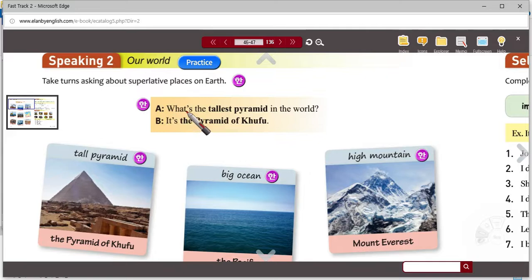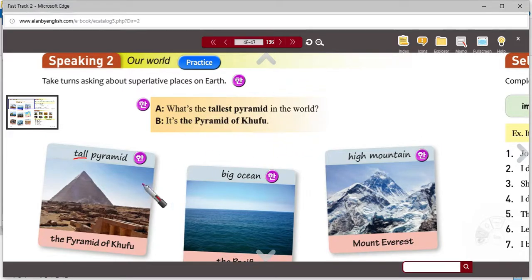The person asks, what's the tallest pyramid in the world? That must be student A asking this question here. We have a picture of a pyramid, and we're not just talking about pyramids, we're talking about tall pyramids. So there are many tall pyramids in the world, but which one is the tallest? What's the tallest pyramid in the world?